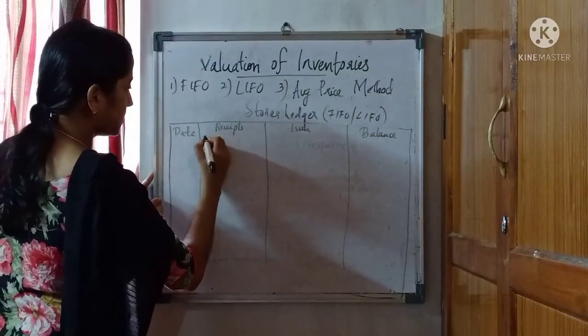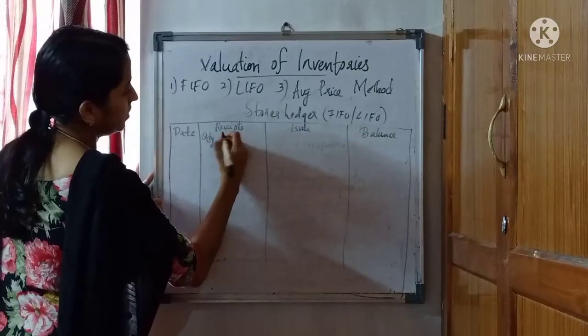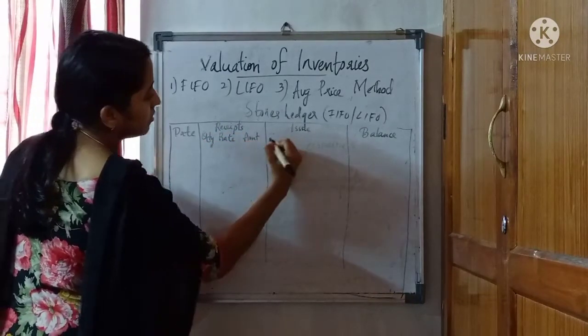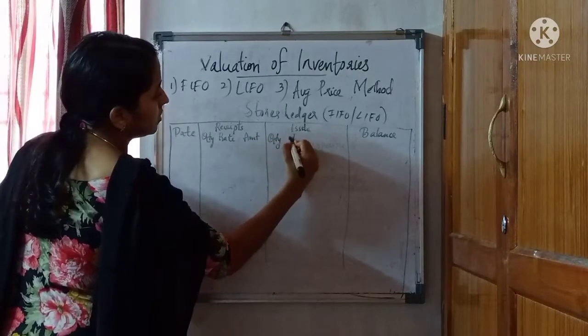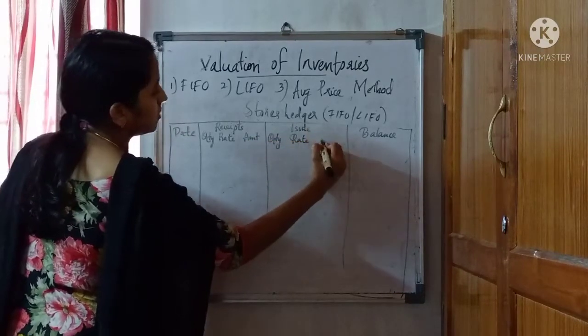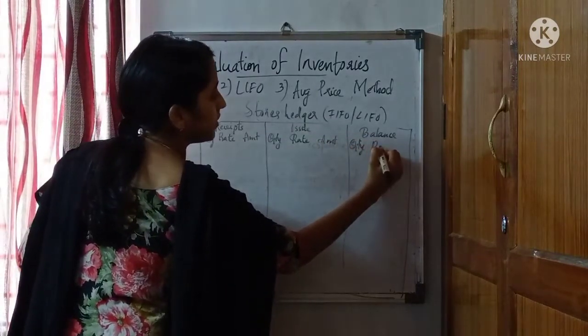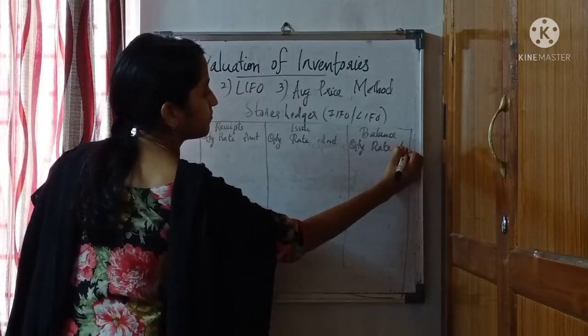Then again subdivide into quantity, rate, amount. Here also quantity, rate, amount. And here also quantity, rate and amount.